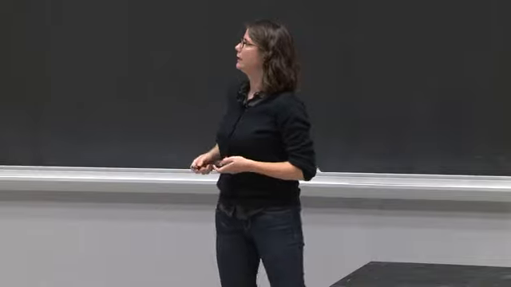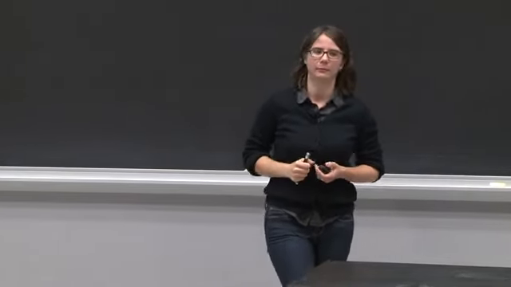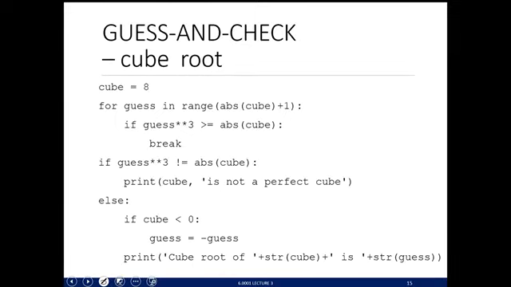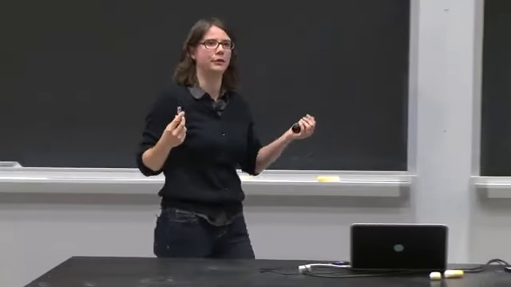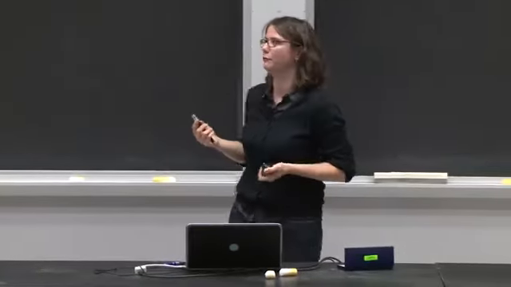Okay? So we can modify the code a little bit to add 2 extra features. The first is we're going to be able to deal with negative cubes, which is kind of cool. And the second is we're going to tell the user if the cube is not a perfect cube, hey, this cube is not a perfect cube. So we're not going to silently just fail, because then the user has some sort of feedback on their input.